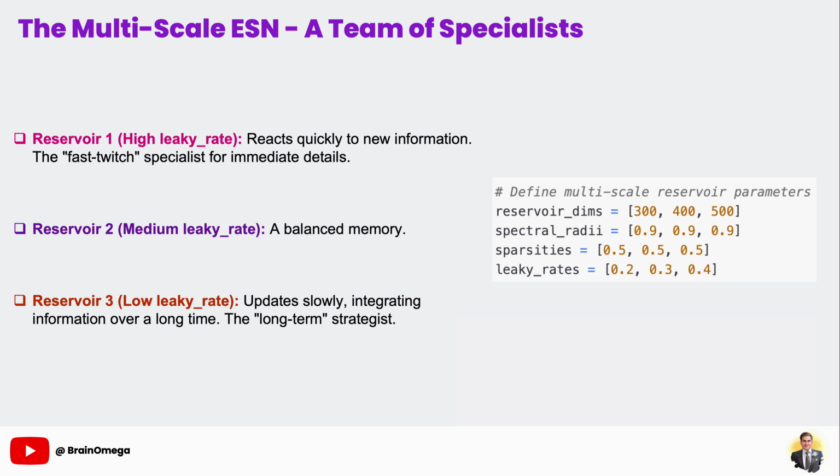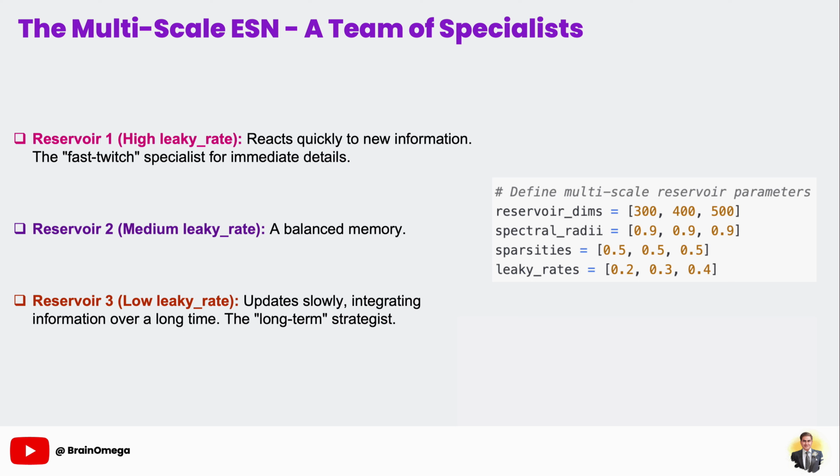The reservoir with a low leaky rate will be our long-term strategist. Its neurons are more stubborn. They hold on to their previous state more strongly. This allows it to smooth out noisy inputs and integrate information over a much longer period, helping it recognize slow-moving trends. The one in the middle, at 0.3, provides a balanced perspective.